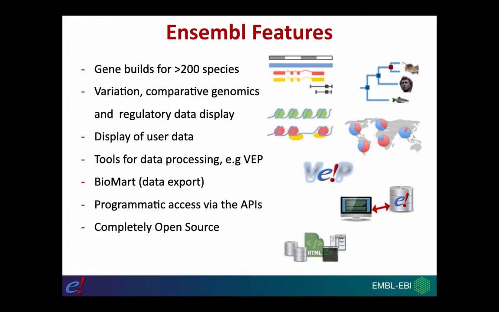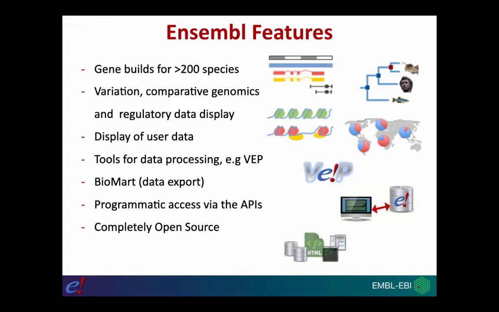Firstly, you can upload your own data to Ensembl to view alongside all of the publicly available data. We also have a number of tools that are available for data analysis and processing. The variant effect predictor, the VEP, is a good example of this, where we have a tool that will allow you to analyze your own variation data, which Michal will speak about next week.